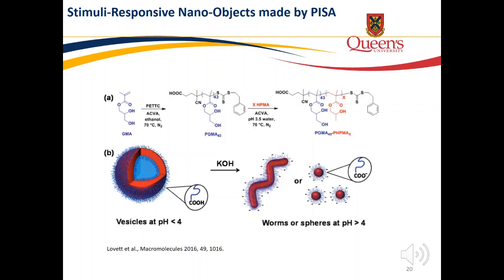So you can undergo this type of vesicle structure when you're at low pH. So pH is less than about 4. The acid groups are in their neutral or protonated state, but if you increase the pH, you will ionize the carboxylic acid groups, and you get this charge on the end of them, and then you get a change in morphology from vesicles into either worms or spheres at higher pHs.